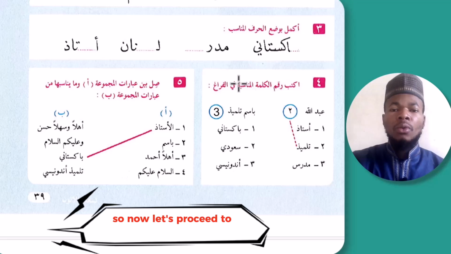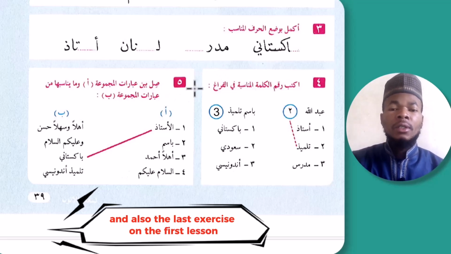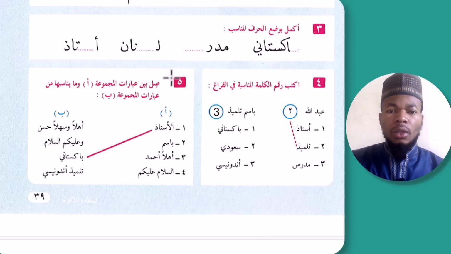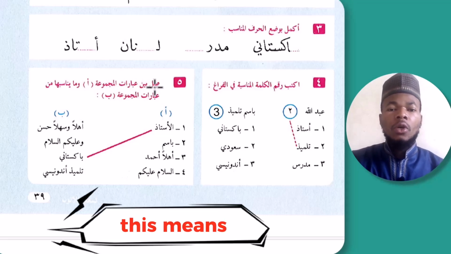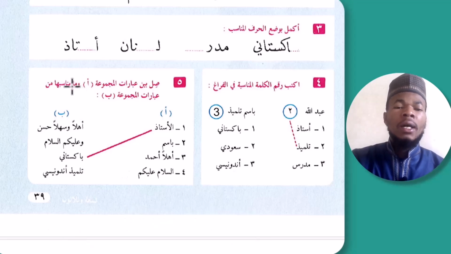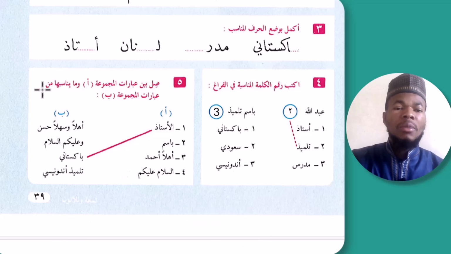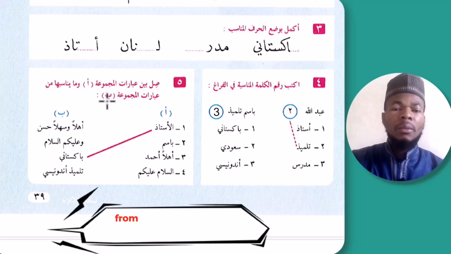So now let's proceed to the next one, and also the last exercise on the first lesson, Ta'aruf, introduction. So here we have sil bayna ibaratil majmu'ati alif. This means connect between the expressions in group alif wama yunasibuha, and the ones that suit them من عبارات المجموعة با, from the expressions in group ba.